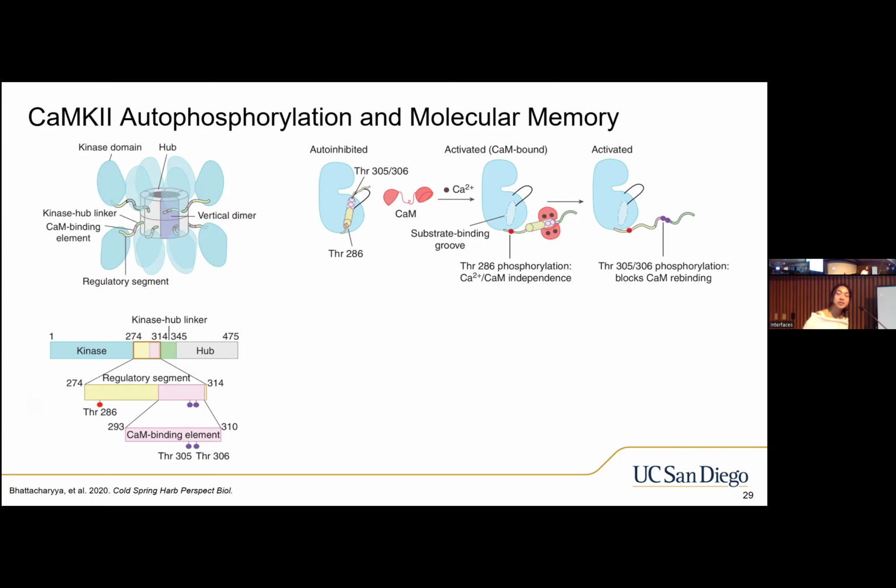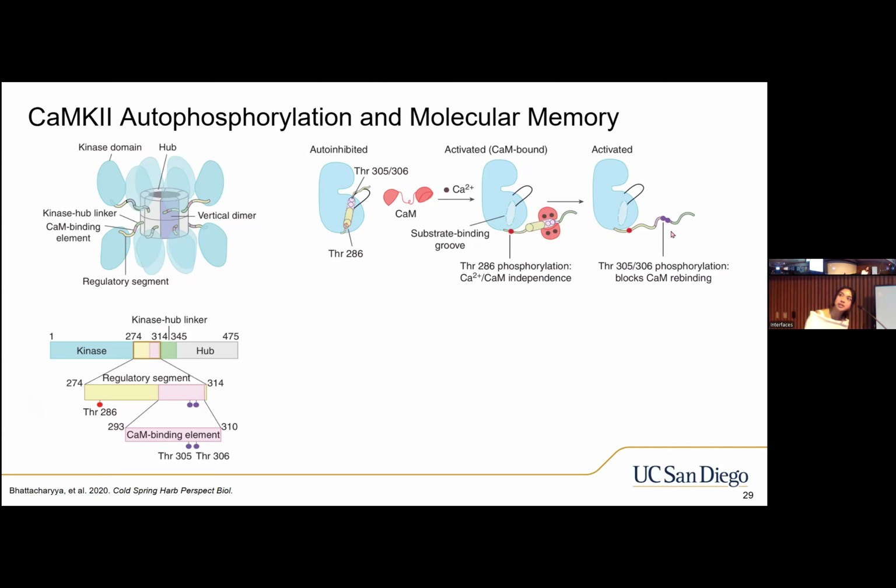Once the regulatory segment's unbound, there are specific threonine residues on it that can be phosphorylated to enable autonomous CAMK2 activity that's independent of calcium or calmodulin binding. Phosphorylation at threonine 286 prevents rebinding of the regulatory segment to the catalytic domain and prevents autoinhibition of the enzyme.